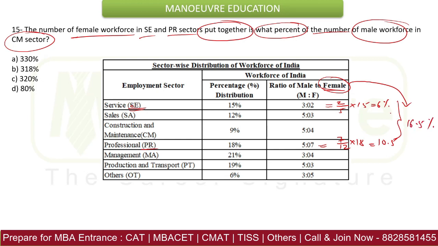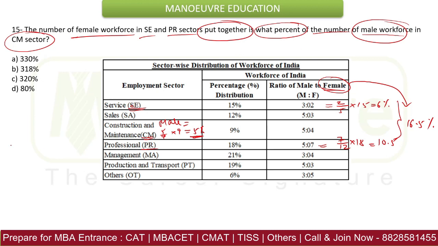16.5%. And the number of male workforce in CM sector: in CM sector the male workforce will be 5 by 9 into 9, so that will be 5%.